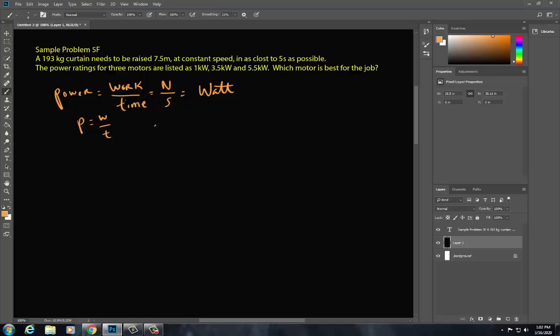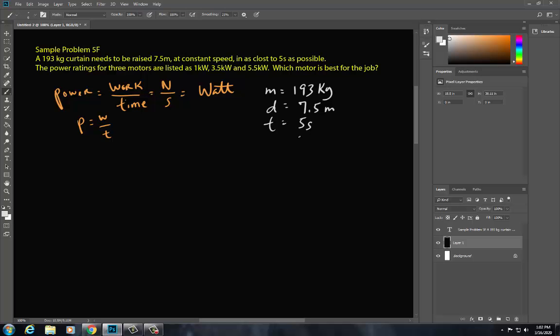So what we should probably do here is list what we have. We know that we have a mass equal to 193 kilograms, very heavy curtain, a distance that is equal to 7.5 meters, and a time interval to do all this in around 5 seconds.